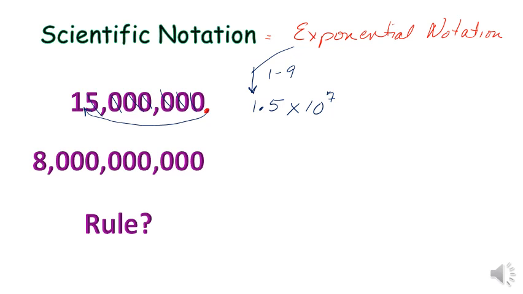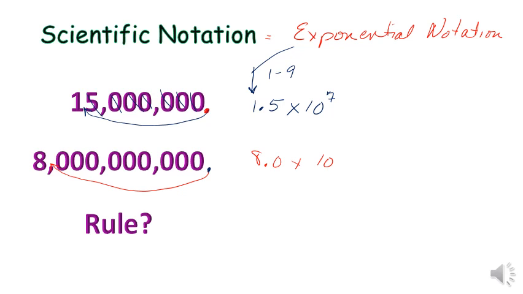For this number, we know the decimal point is at the end, and if I move this decimal point all the way to here, we need 8. But you can't just write 8. That's not proper scientific notation. You're going to need at least one other digit there, times 10.